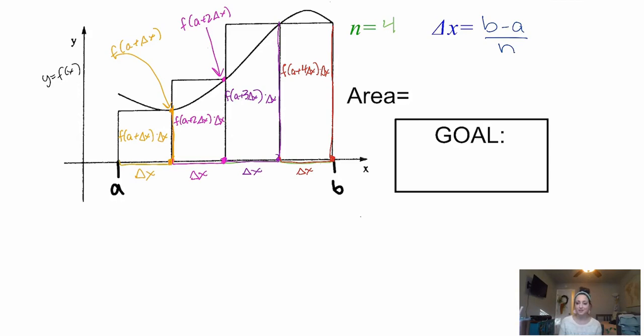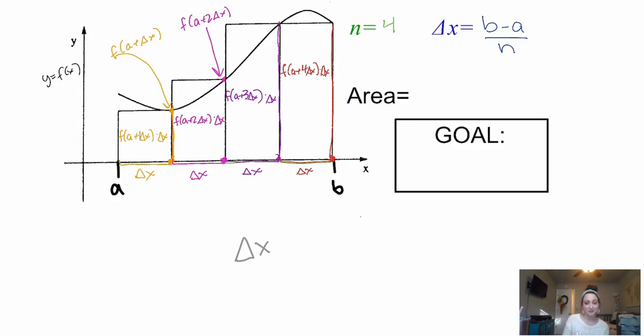So each area looks really similar, right? Each one, the base is delta x, correct? So we can write that the base is always delta x. And the height is almost the same, right? The only difference is this little index here. So the first one is f of a plus 1 delta x.